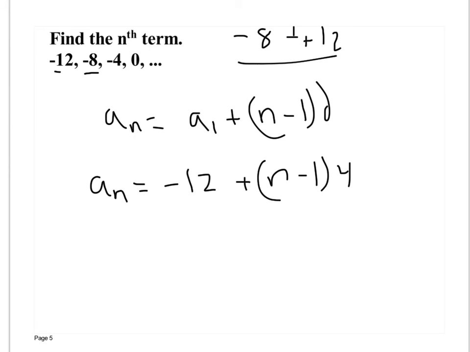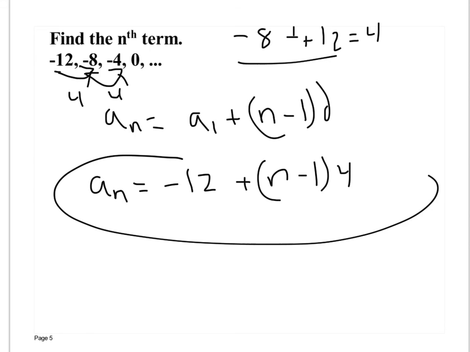That's -8 plus 12, which is 4. Each one of these is changing by 4. So this is how you find the nth term: A1, which is -12, plus N minus 1 times 4. Then it might ask you to find the 12th term, so plug 12 in for N.